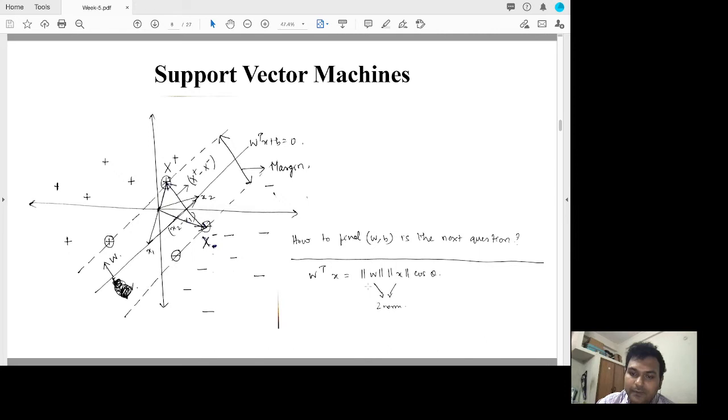You might as well make W infinity, and then this margin will become infinity, but Z might be very small in that case. Am I correct?